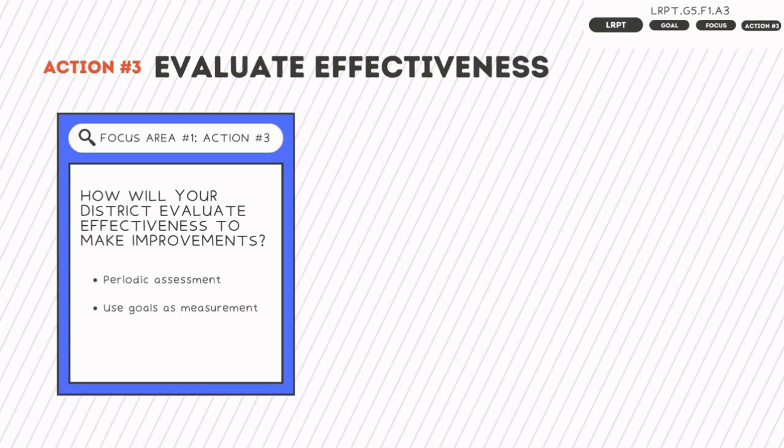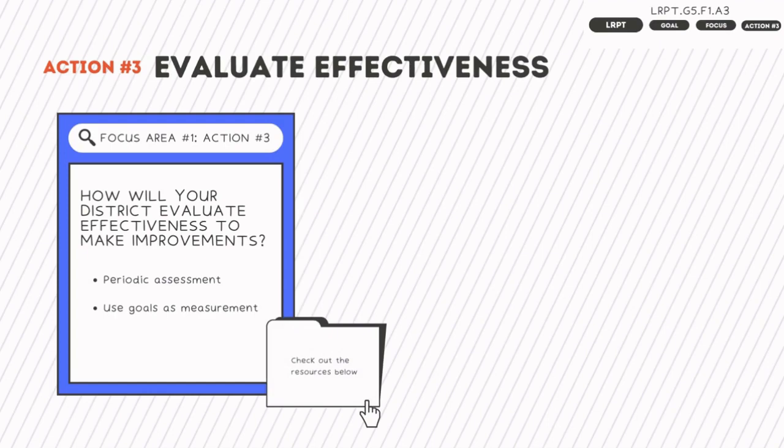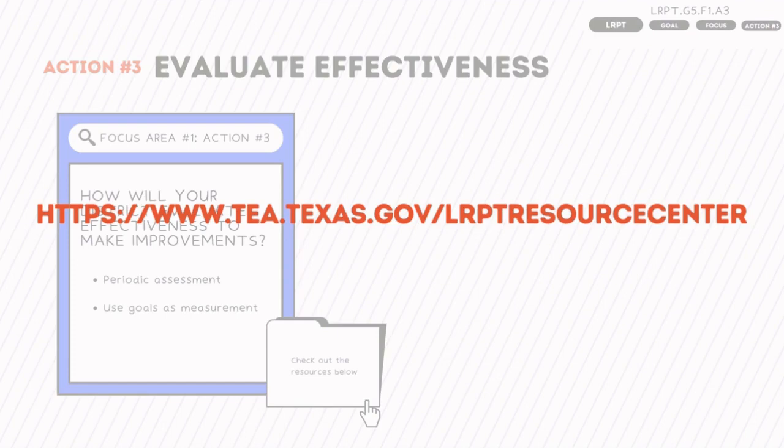Now think about how often you would assess these checkpoints and how you would use the goals to measure success of the plan's implementation. Use the resources below for more information on how to evaluate effectiveness. Pause the video here to reflect in your workbook on how you will evaluate effectiveness according to your district's unique goals.